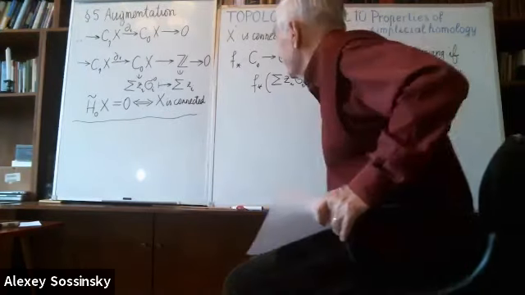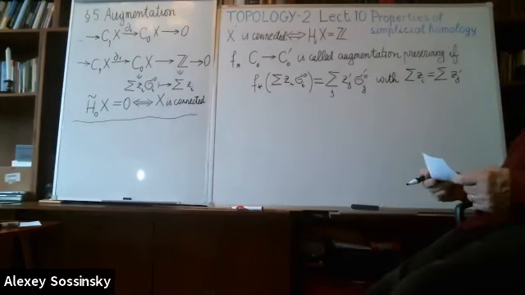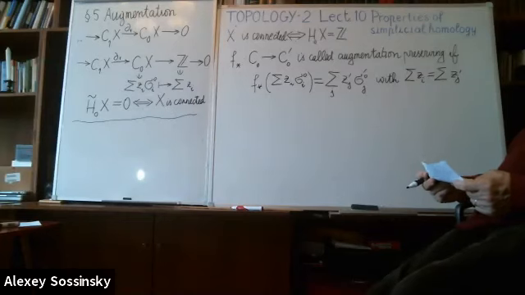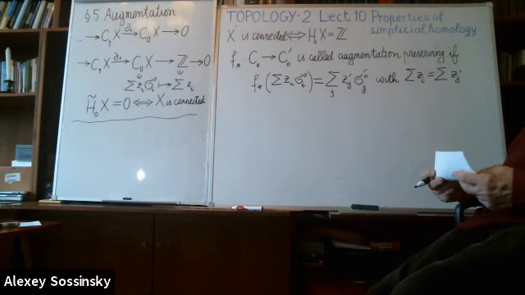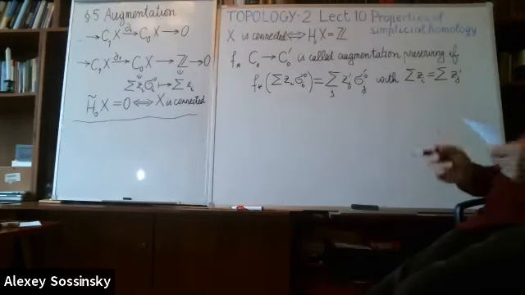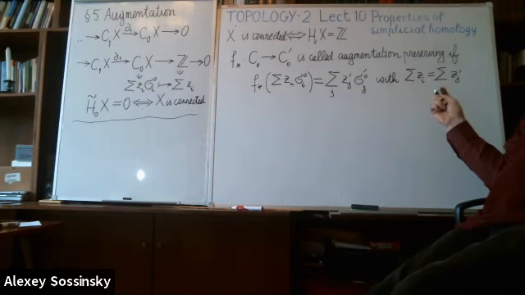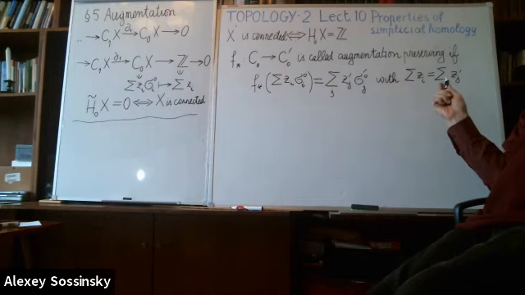I'm sure you have understood why we need this definition, because when we have two chain complexes, say of simplicial chains, and we have one map to the other, and we want to work with augmented homology, then we must have this condition in order to obtain an induced map of homology groups.